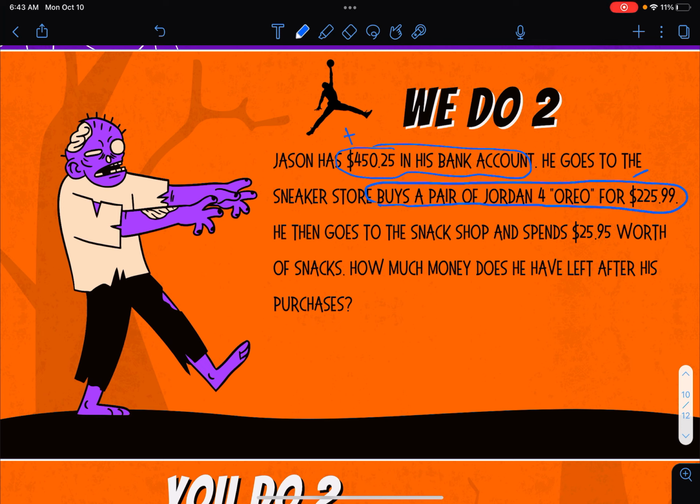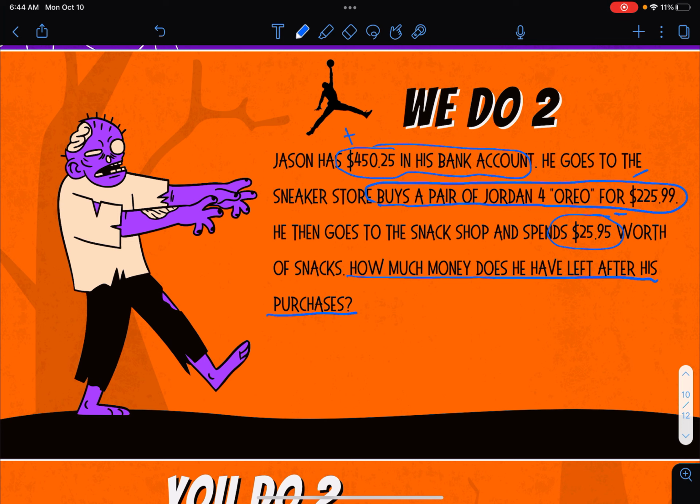It says he then goes to the snack shop and spends $25.95 worth of snacks. If he spends that money, again, it is a negative. We want to know how much money he has left after his purchases, so we have to subtract. We can do this one of two ways.